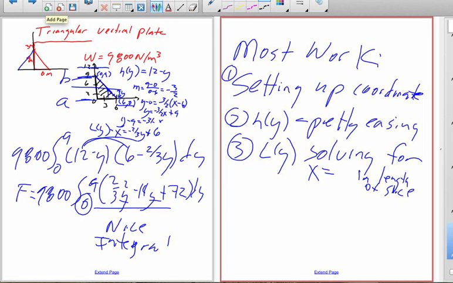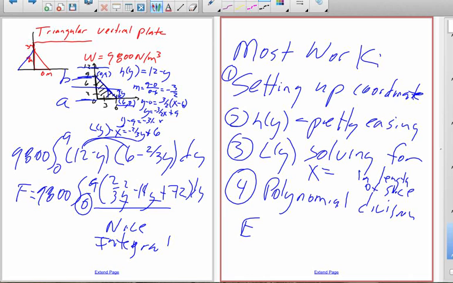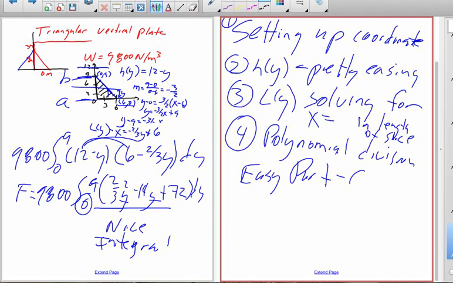And then the other thing is doing the polynomial multiplication. The easy part is the calculus. All right? So this is what you're going to have to do.